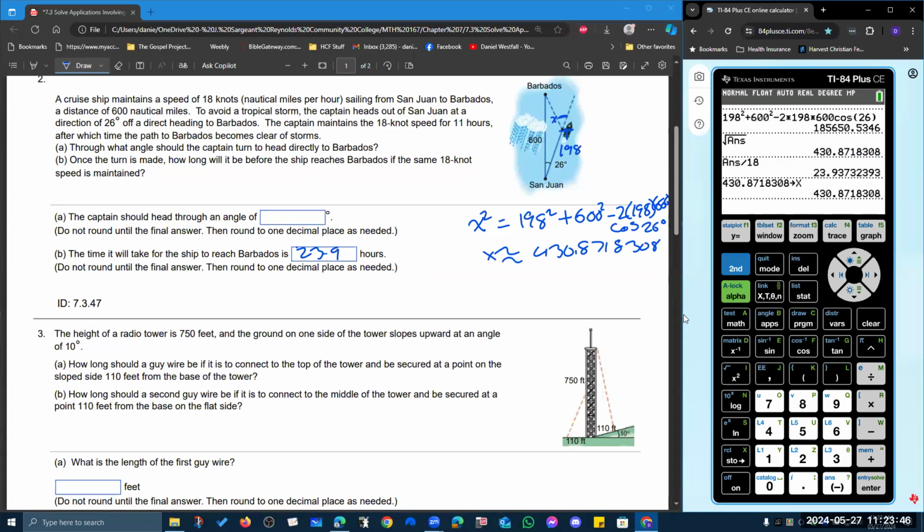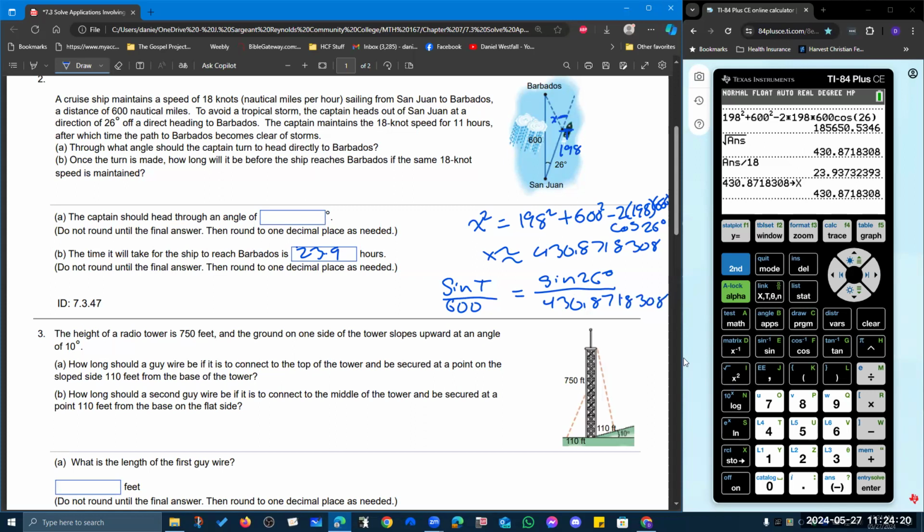So we have sine of t is to 600 as sine of 26 degrees is to all this stuff that I just got from X, which is 430.8718308.